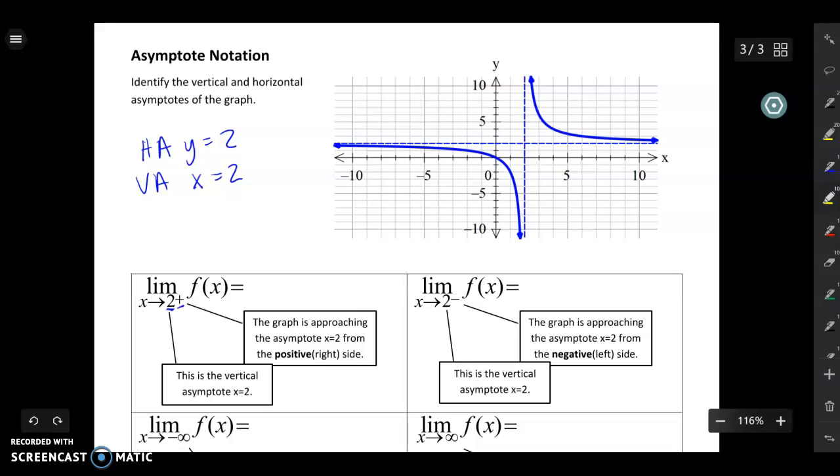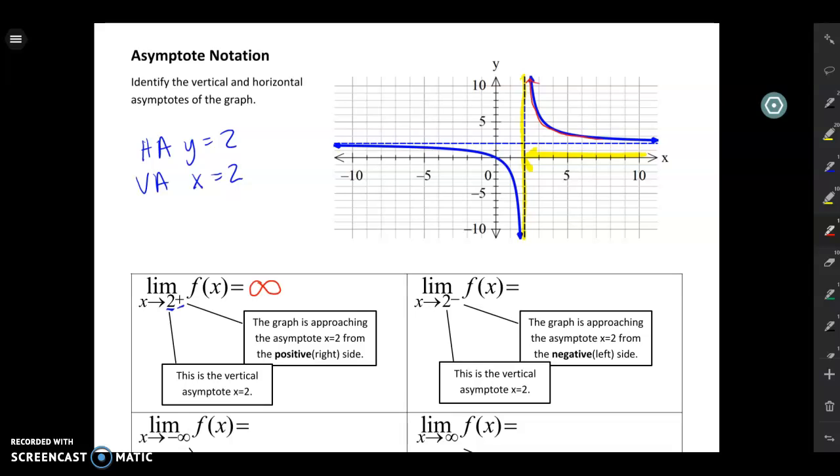So here's my vertical asymptote at 2, and I want to think about my x values getting closer and closer to 2 from the side that's bigger than 2. As my x values get closer to 2 from the right side, my graph is going up, right? My graph is going to infinity. And that's how I would write that one.